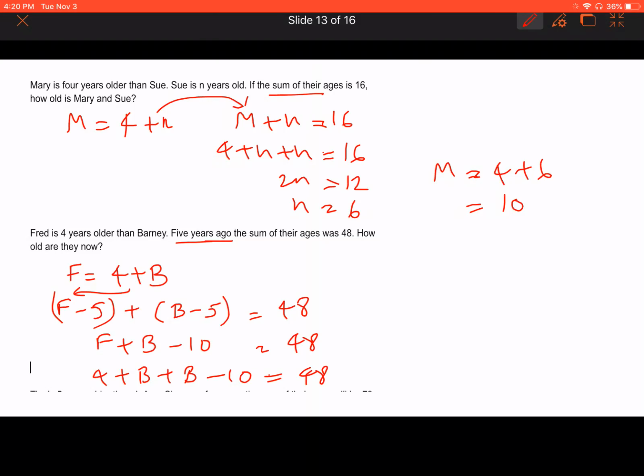So b equals 27, this is Barney's age. If Barney's age is 27, what is the age of Fred? That is 4 years older than Barney. So it is going to be 30.